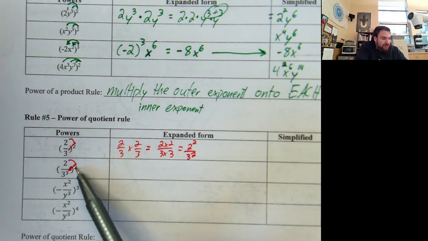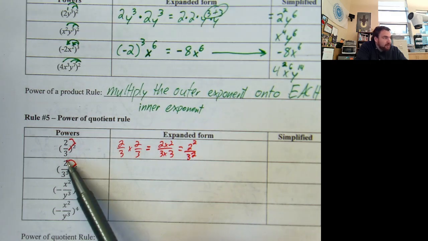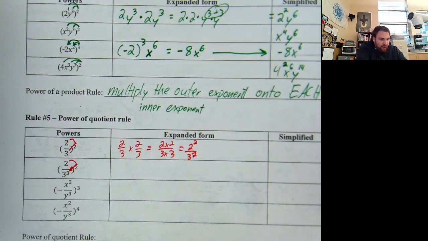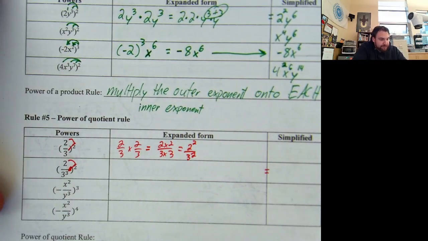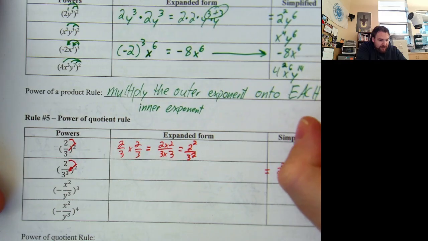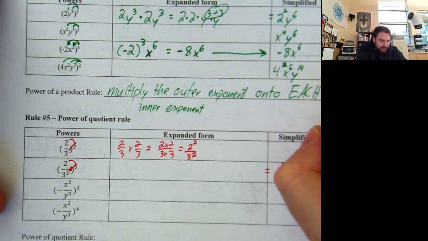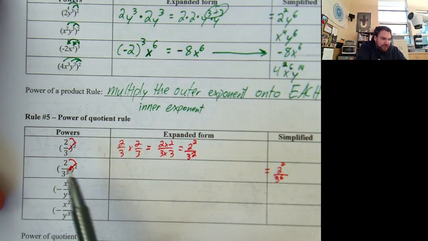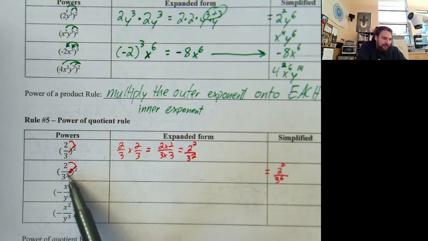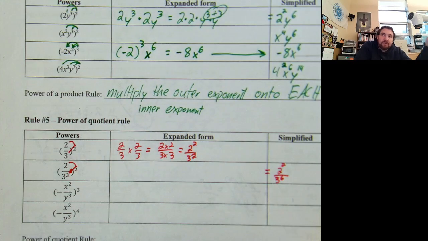So that 2 exponent is going to apply to the numerator and to the denominator. What am I going to get here? 2 to the power of 2 over 3 to the power of 6, because I multiplied my 2 exponents together. Cool.